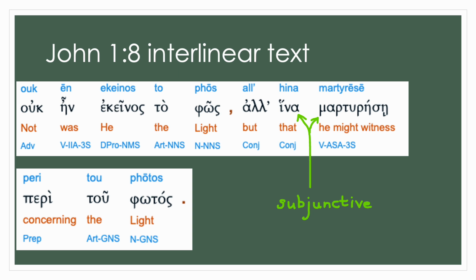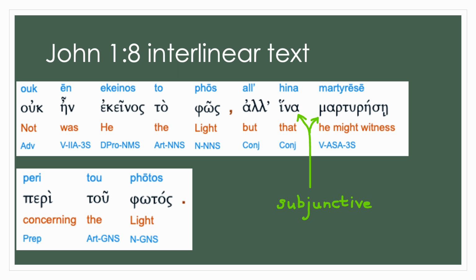Now let me just read that out for you so you can hear a little bit of it. Ouk ēn ekeinos to phōs, all' hina martyrēsē peri tou phōtos. So we've got, as I mentioned, hina in there, which is a conjunction. You can see the conj underneath, it stands for conjunction.